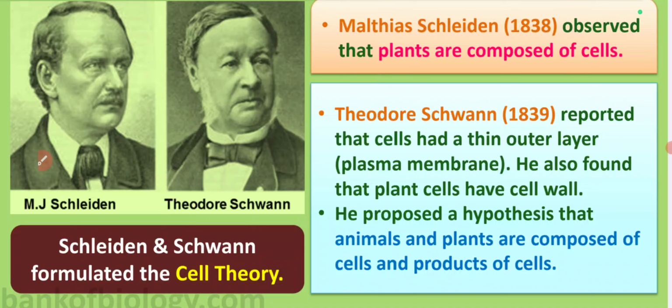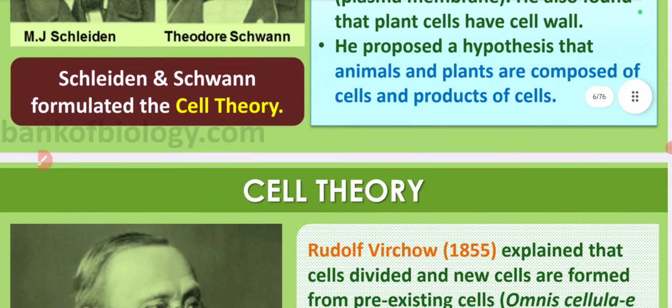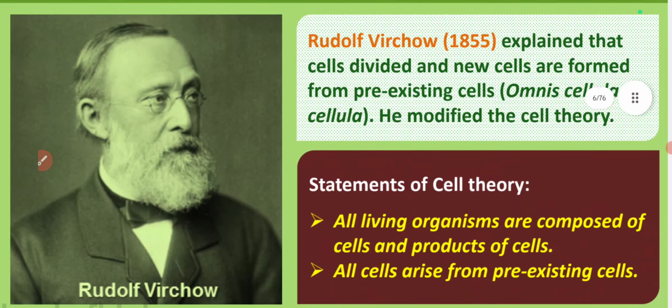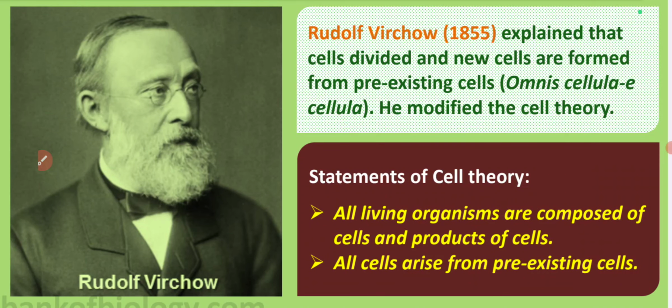He proposed a hypothesis that animals and plants are composed of cells and products of cells, and these two formulated the cell theory. Then Rudolf Virchow in 1855 explained that cells divide and new cells are formed from pre-existing cells, in his book called Omnis cellula e cellula.